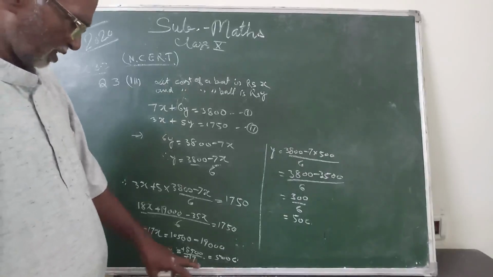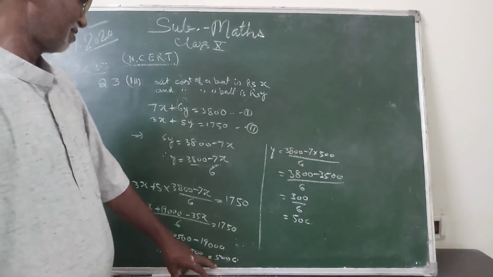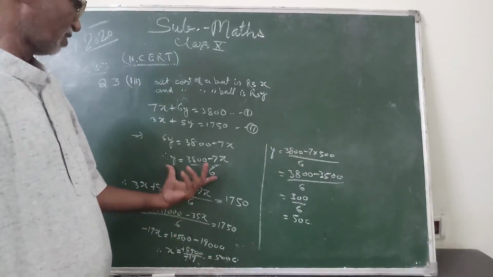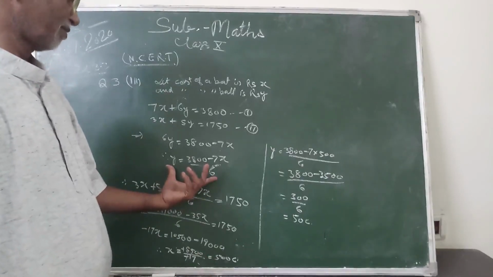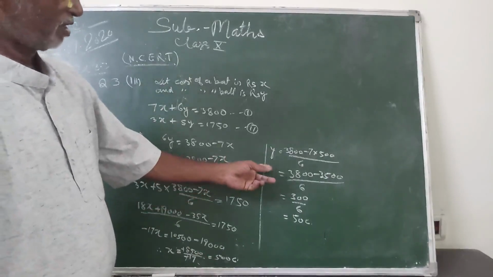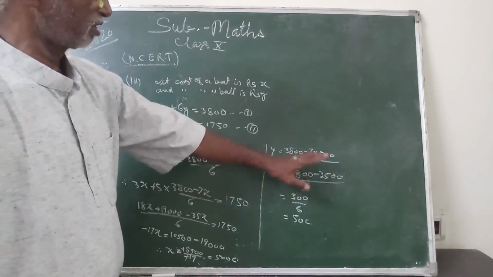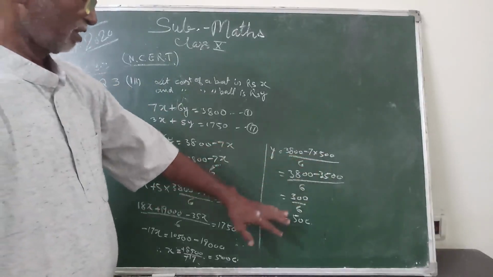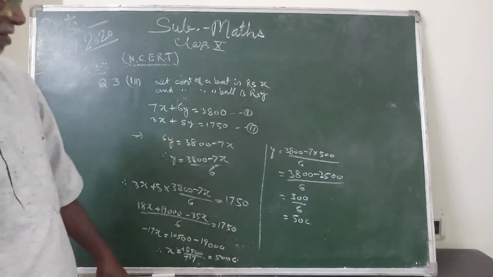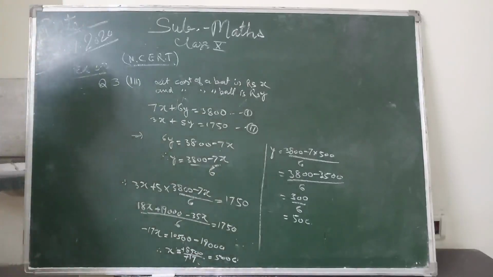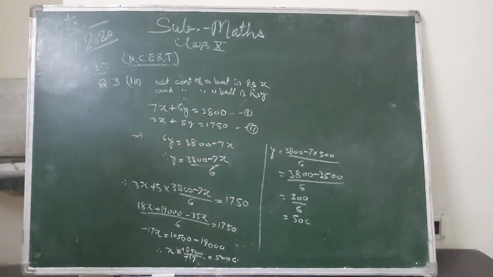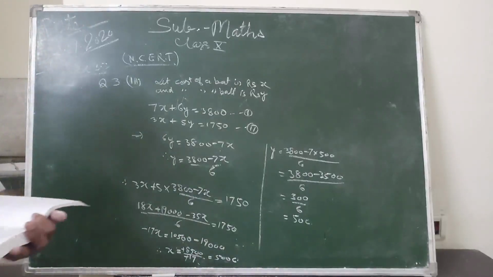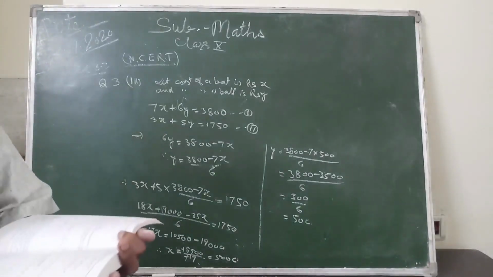On substituting x is equal to 500 in the value of y obtained from equation 1, we get y is equal to (3800 minus 7 into 500) upon 6, which comes 50 rupees. Therefore, the cost of a bat comes 500 rupees and that of a ball comes 50 rupees.